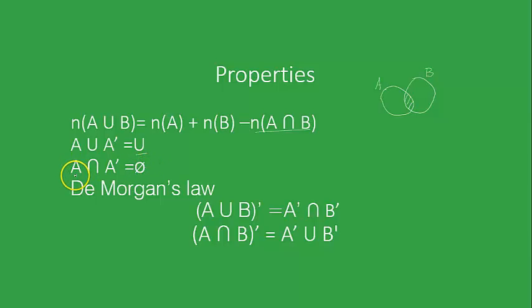As you can see from the definition, A complement is the set of elements which are present in the universal set and not present in set A. Therefore, the elements which are common to both A and A prime are phi.